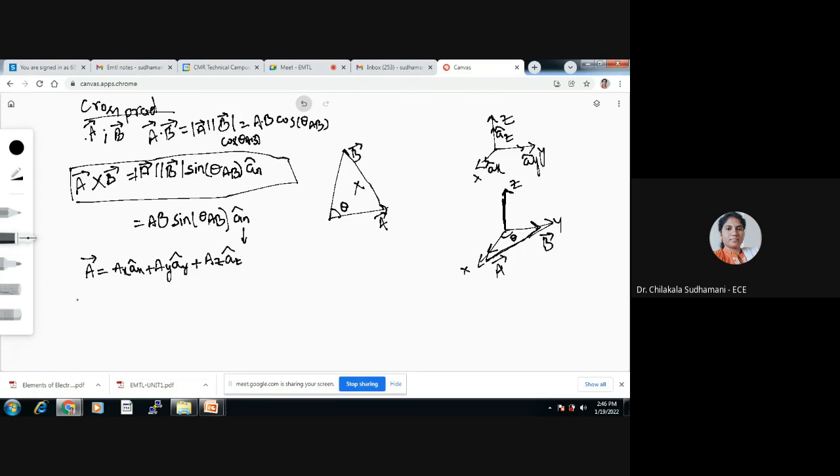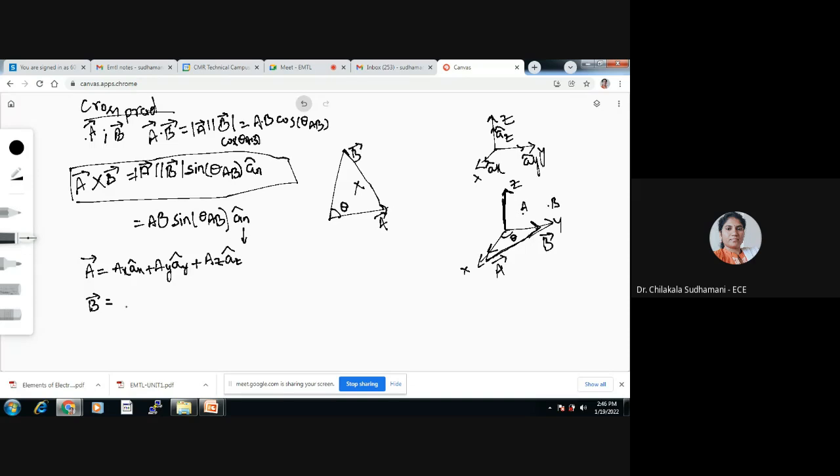This is the A bar given. Similarly, B bar, I am considering another point. For example, this is point A, and some other point is placed here, A and B.